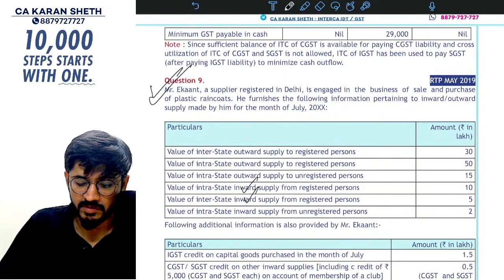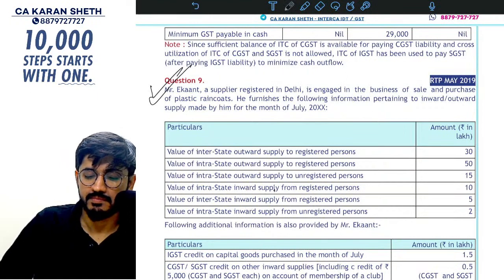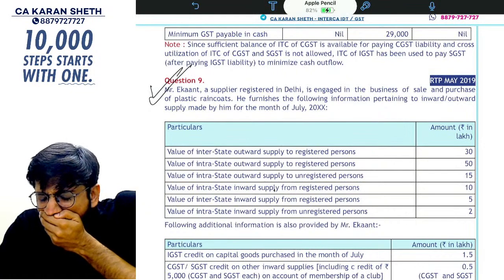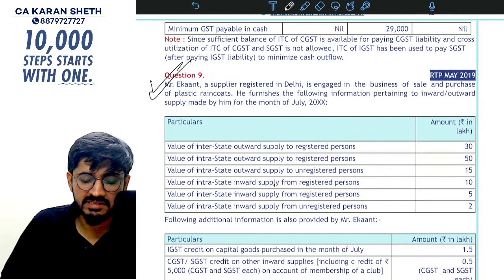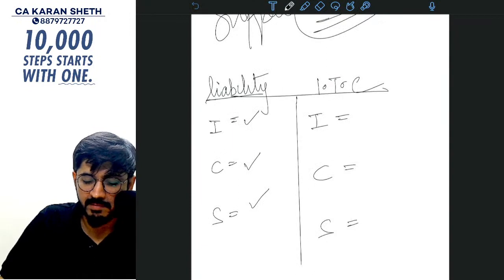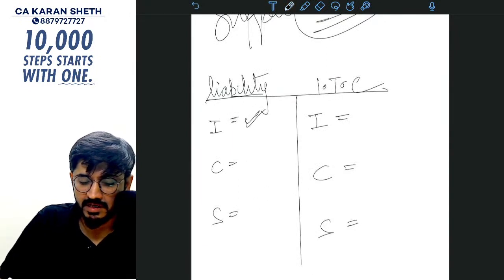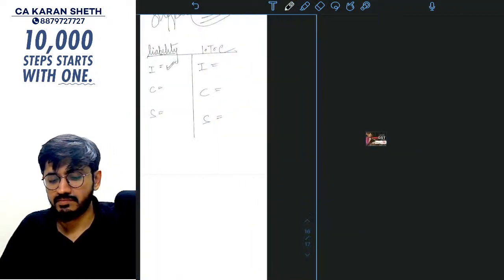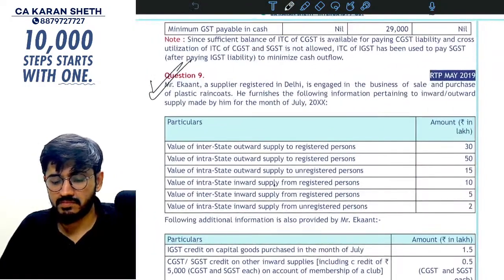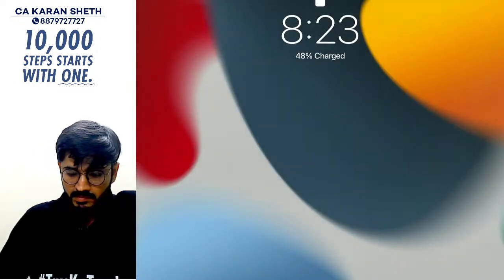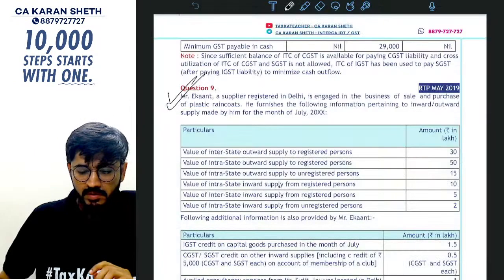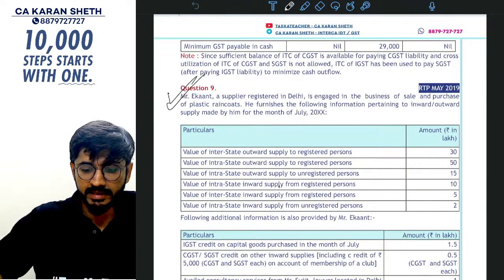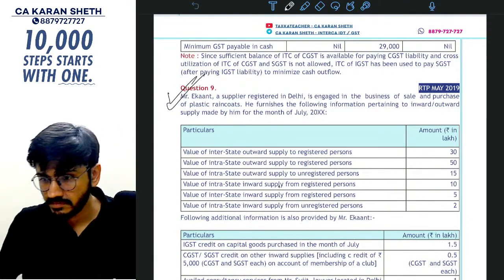And then focus on inward supply. चलो IGST का आउटवर्ड सप्लाई का लायबिलिटी बताओ. चलो टेल मी IGST लायबिलिटी. Okay guys, yes, I want the answer guys. Yes, correct.